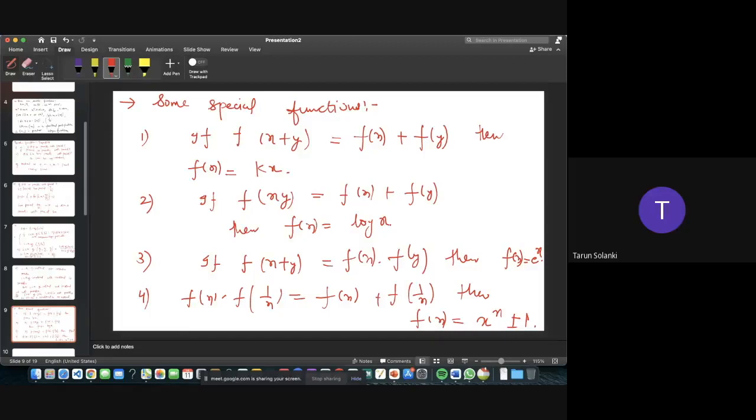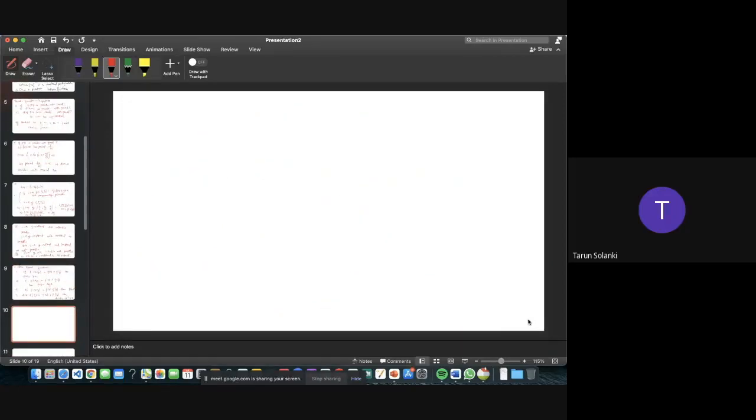Copied. Next is the composite functions. This is important. Composite functions.